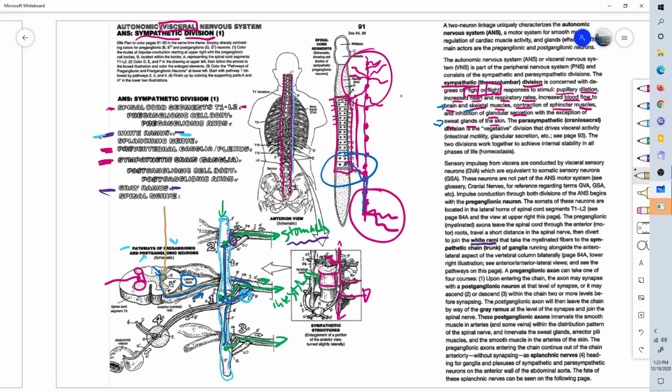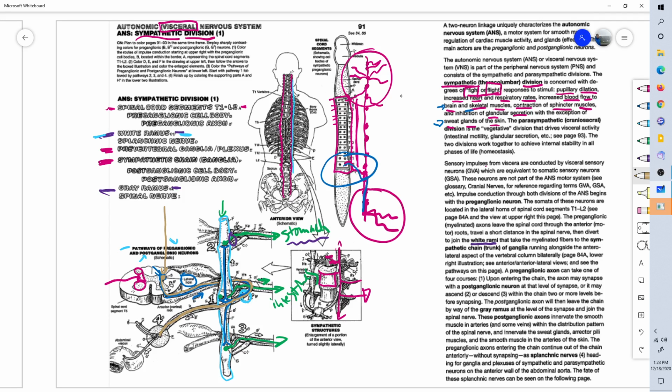The preganglionic neuron is stimulated, and it travels through the spinal nerve and out through the white ramus, and then reaches the ganglia.